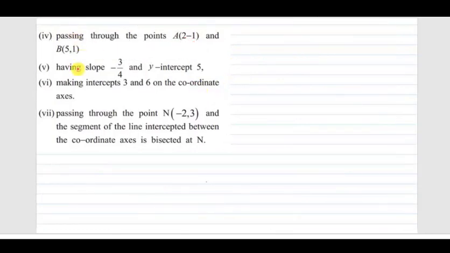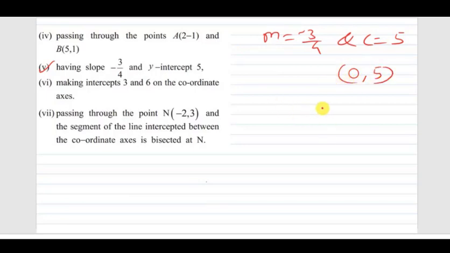Next, in the fifth question, what is given? Slope is minus 3 by 4 and y-intercept, that is the value of c, is given as 5. You can consider it as the point (0, 5). So here you can use two formulas: one is slope-intercept form and one is slope-point form.